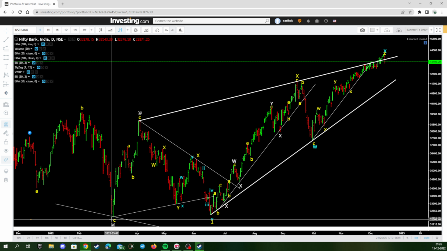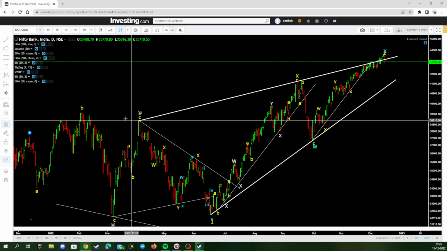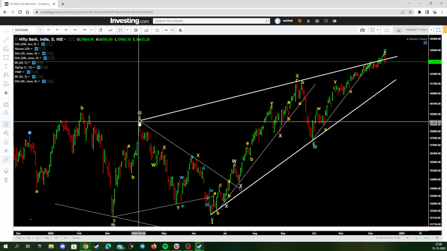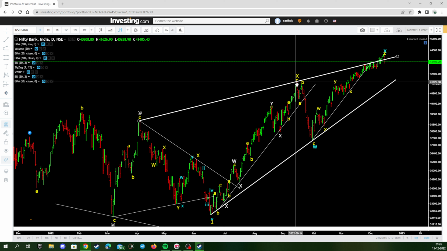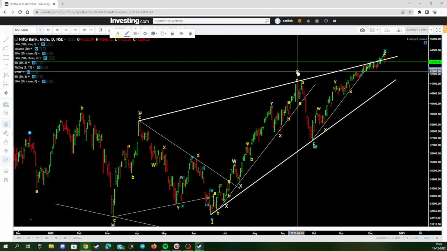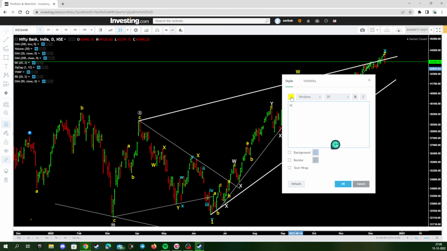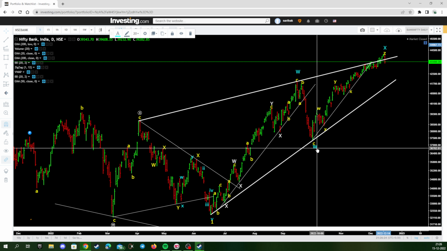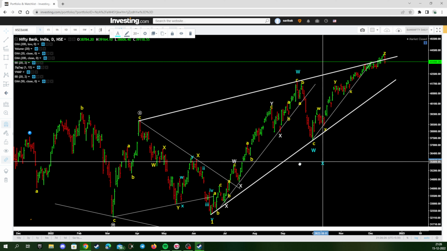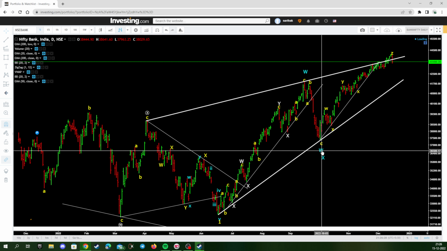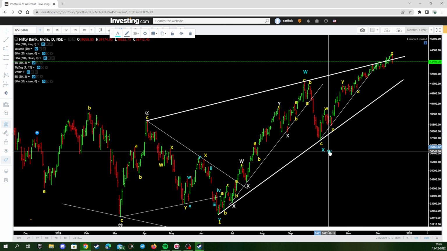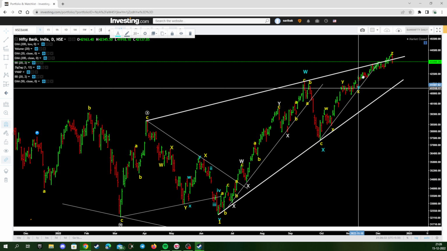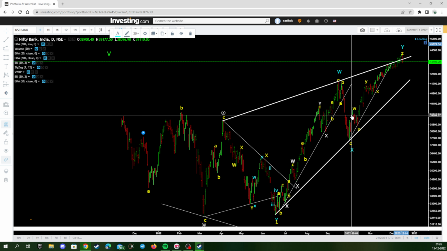And if I look at this whole action, wherein I have attached some resistance trend line right from the top of this top, wave X top, then this top, I have to label this as W, this being W, this counter trend bounce as X, this as Y.